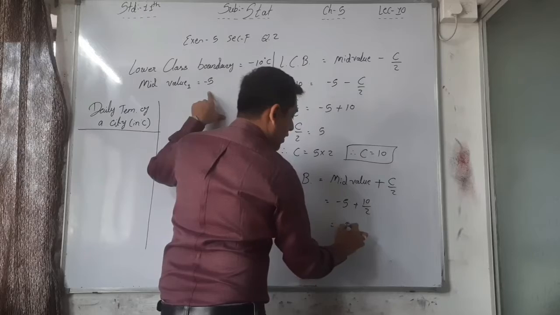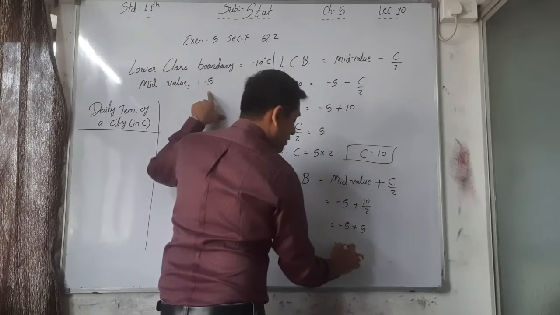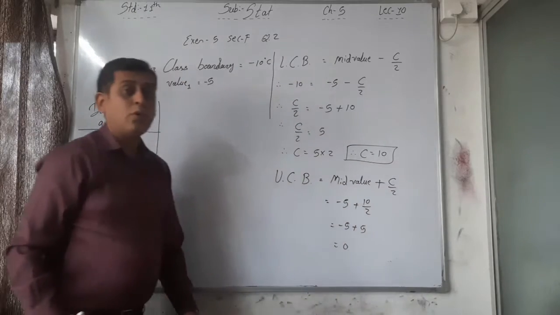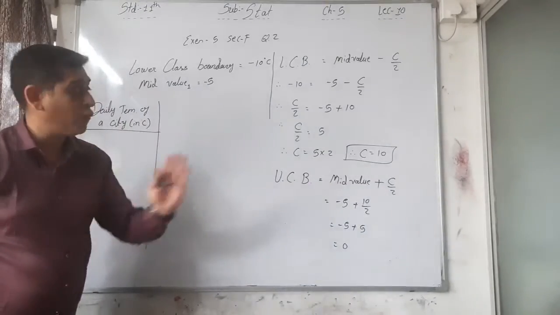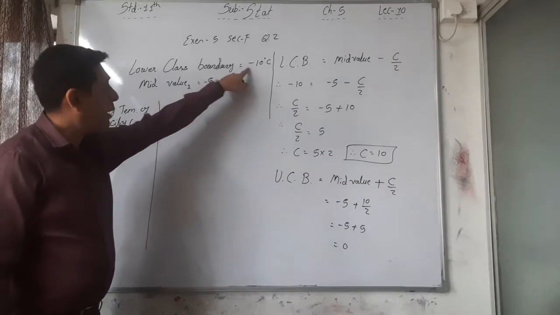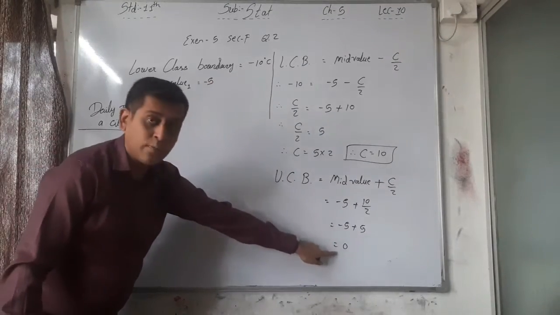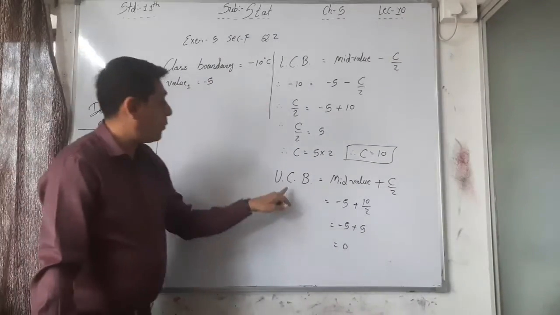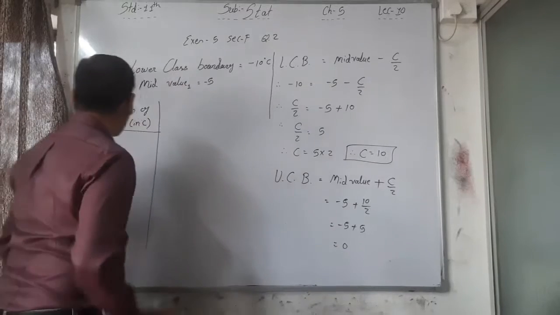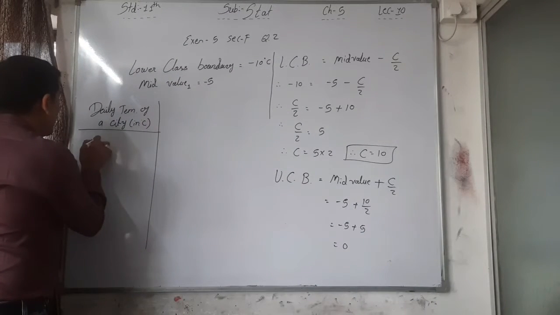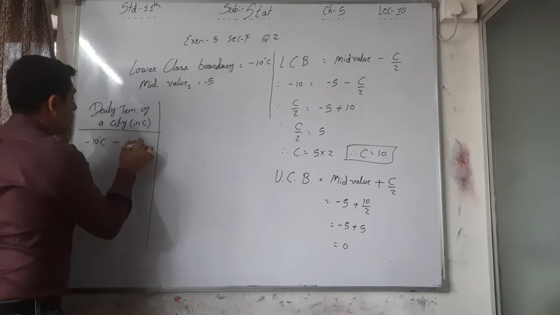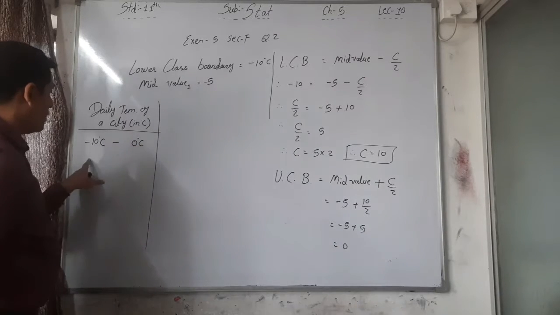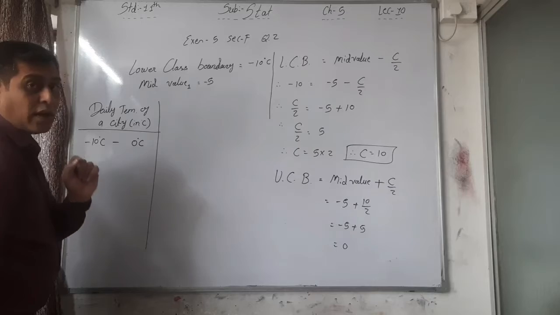So here minus 5 plus 5 is 0. So your first class for this data is minus 10 to 0, because the first class lower class boundary is minus 10 and the upper class boundary is 0. So we can write here minus 10 Celsius to 0 Celsius. This is the first class.